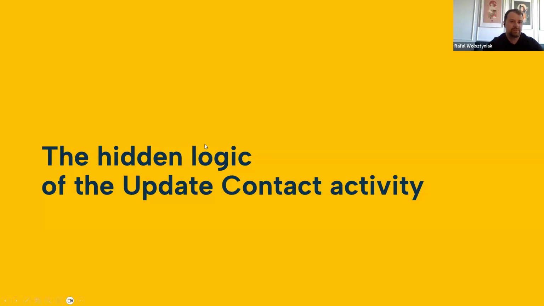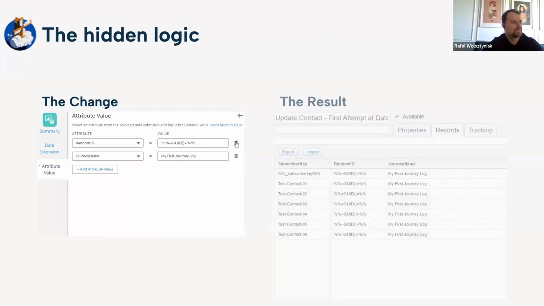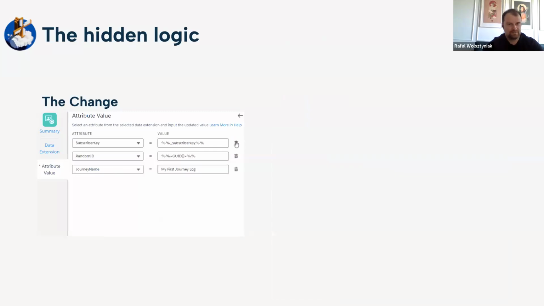So there's a hidden logic behind the update contact activity that I didn't know until recently, actually. Adam Spriggs describes it in his article and how it works. So the fix for our update contact activity is quite strange. You saw that previously I had the subscriber key as a personalization string here.